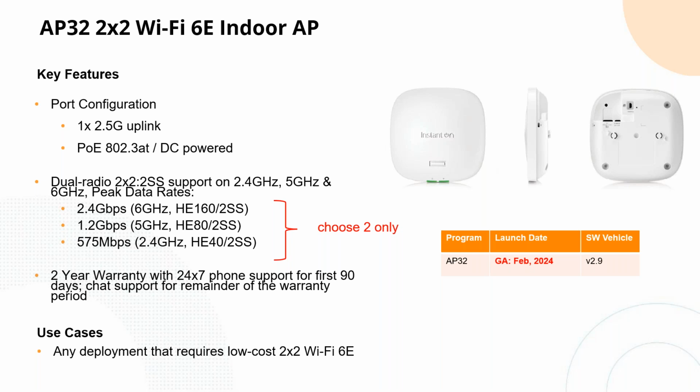I've talked about 2.4, I've talked about 5 gigahertz, and I've talked about 6 gigahertz, right, which is what Wi-Fi 6E runs on. So you can only have 2 of those running at a time. So that's why it says choose only 2. Right, so you can have it running with 2.4 and 5 gigahertz, with 2.4 and 6 gigahertz, or you can have 5 gigahertz and a 6 gigahertz radio running at the same time.